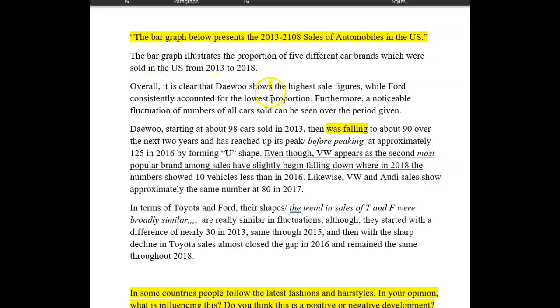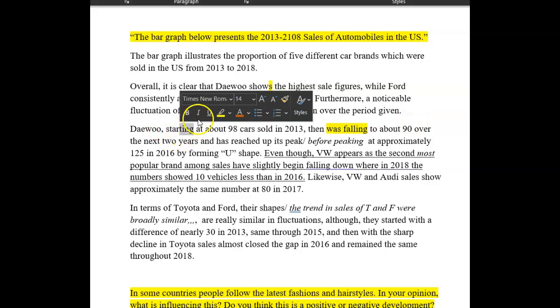Overall, it's clear that Daewoo showed the highest sales figures, while Ford consistently accounted for the lowest proportion. Excellent. Furthermore, a notable fluctuation in numbers of all cars sold can be seen over the period given. Absolutely perfect. Brilliant. So Daewoo started the period at about 98 cars sold, then fell.